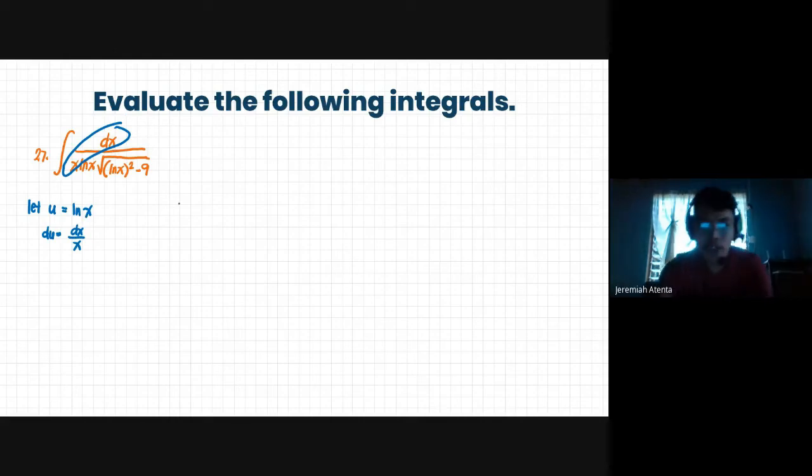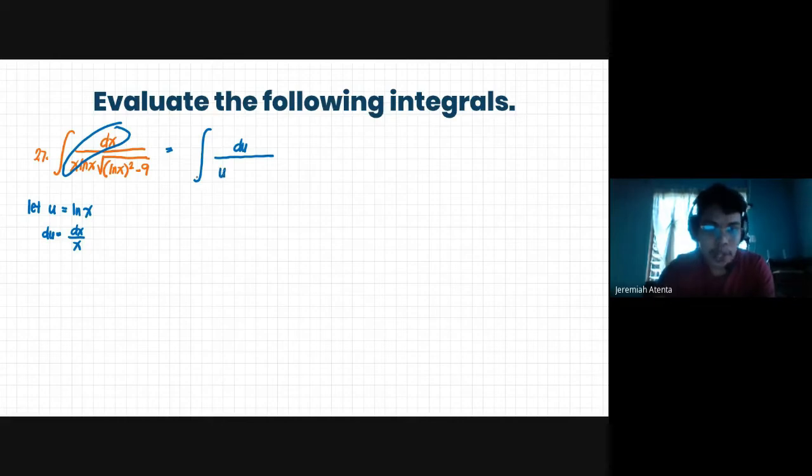So therefore, this one can be written as the integral of dx over x is just du. So you have du over ln x is just u. So you have u. Wala na yung x because we have dx over x here. So si dx over x is du.